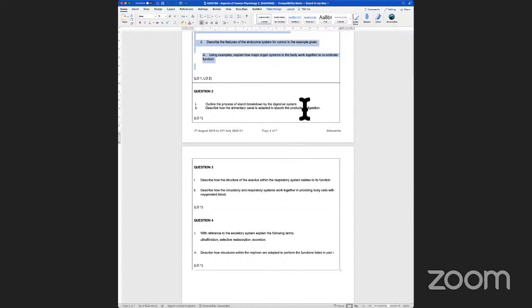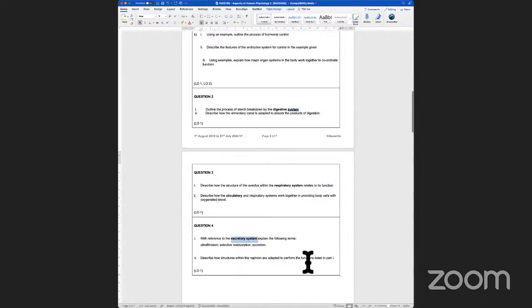The reason this has been done is that it will require you to cover a particular type of system. Question 2 is focused on the digestive system. Sorry, question 3 is focused on the respiratory system and circulatory system. Question 4 is focused on the excretory system. And it is the 7 systems that we have to look at learning.